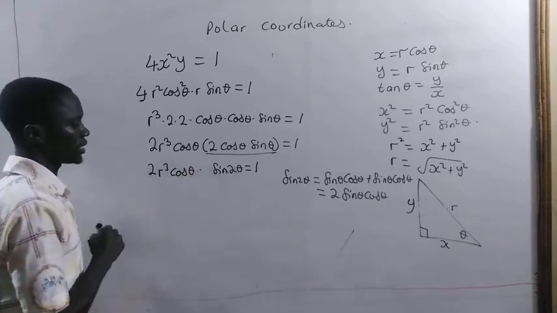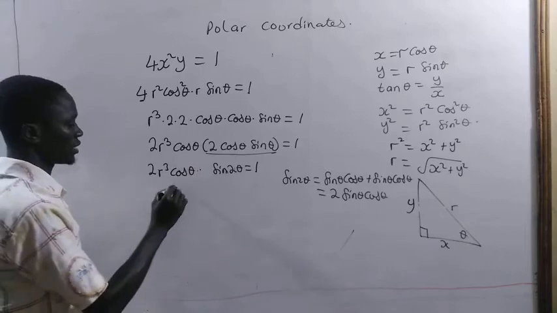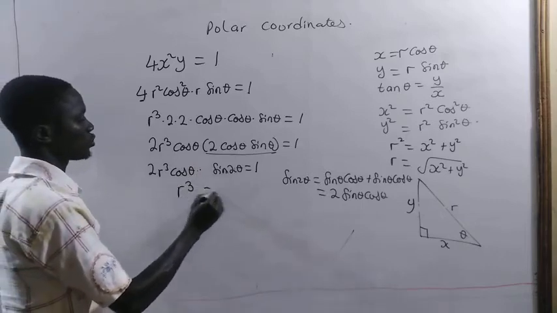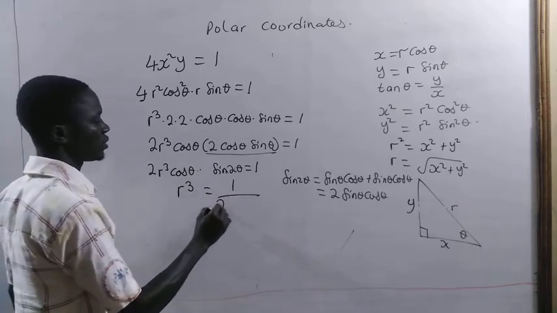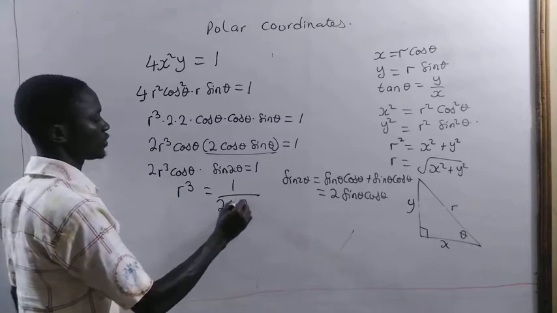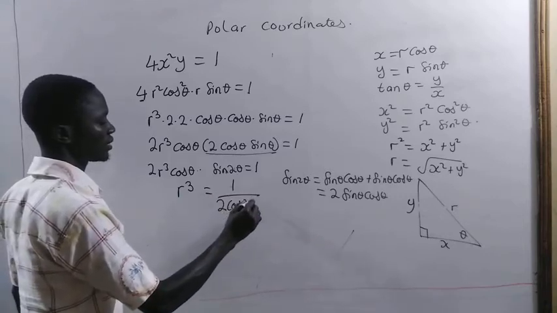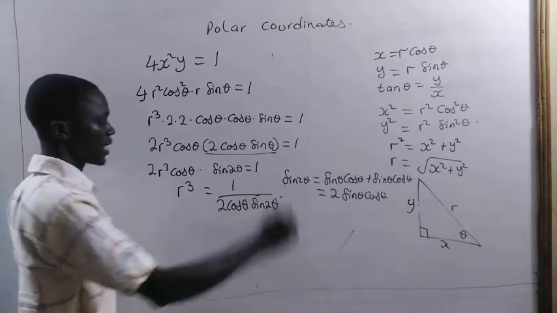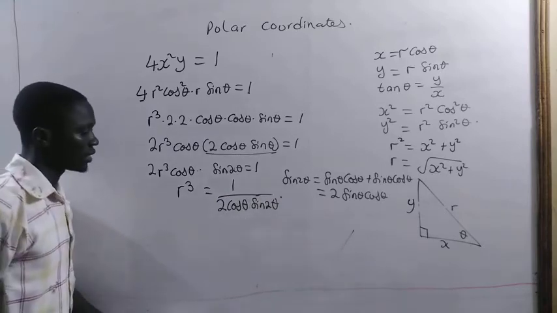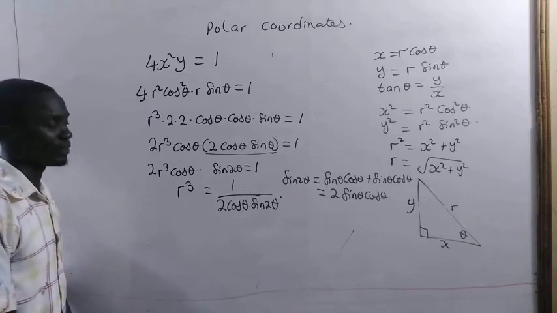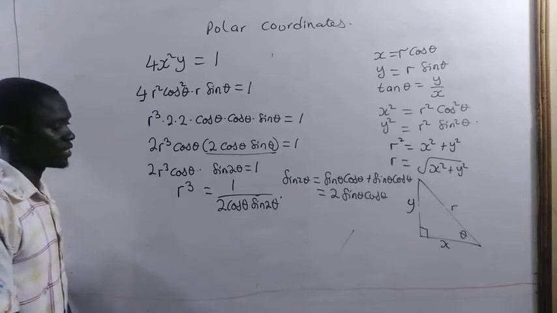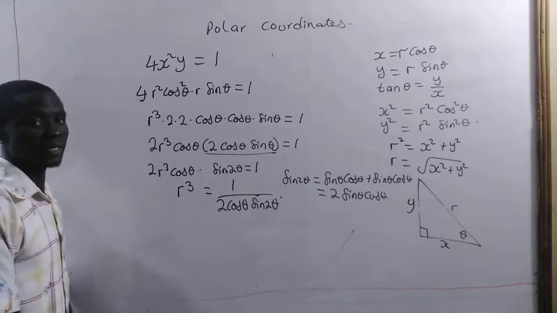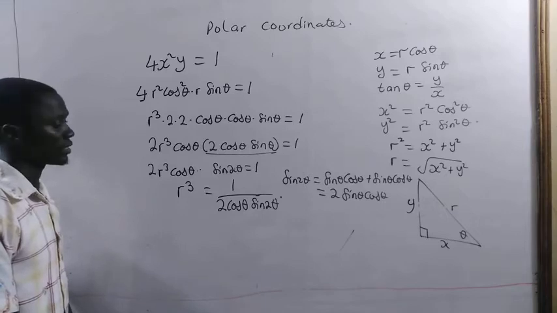This is multiplication. So here we can write r cubed equal to 1 divided by 2 times cosine of theta and then times sine of 2 theta as our polar equation. I think that is very, very simple, and that makes sense.